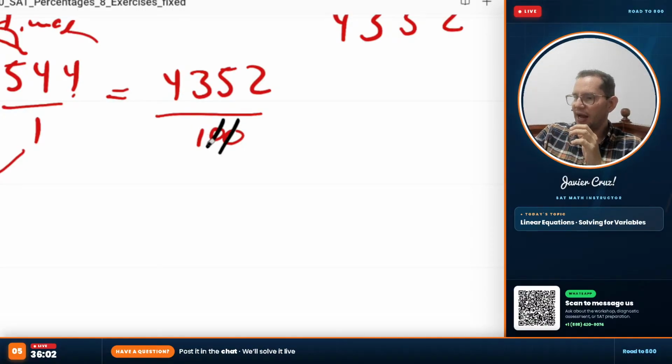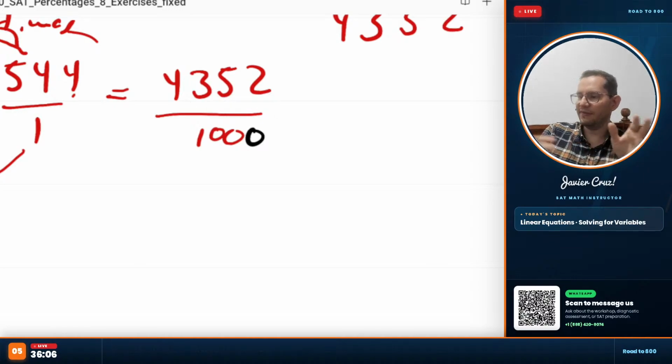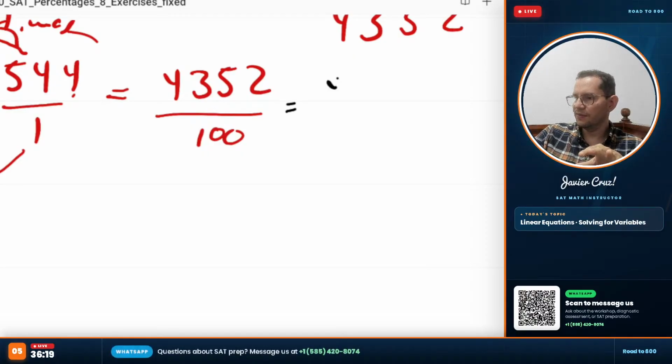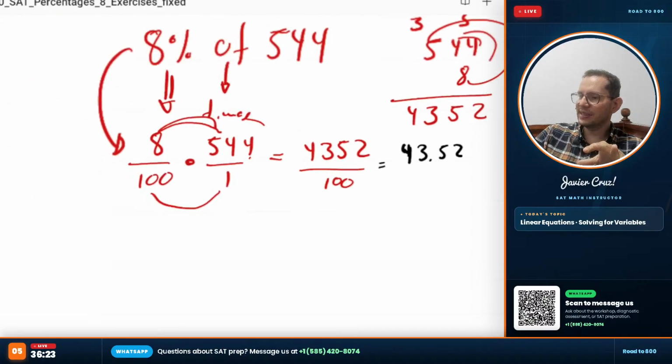If the 100 had 3 zeros, we would move 3 times left. So in this case, we move the comma 2 times left. So the value will be 43.52. That's the 8% of this value, right?